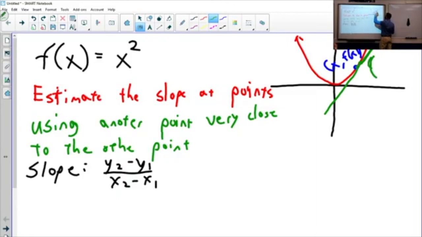Then our green point is our x-coordinate nudged a little bit to the right. A small amount to the right. And we're going to give a letter to this little nudge to the right. We're going to call it h.